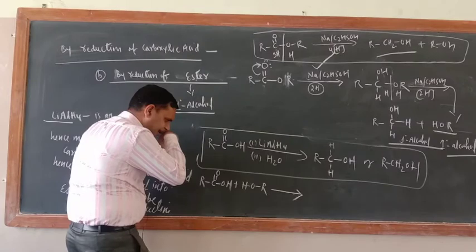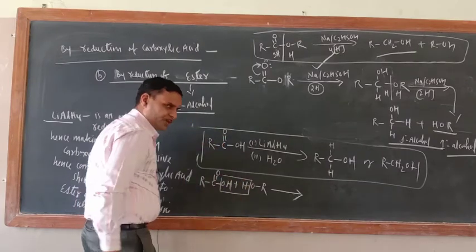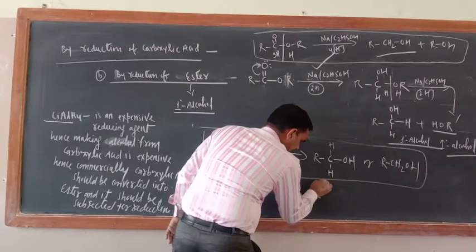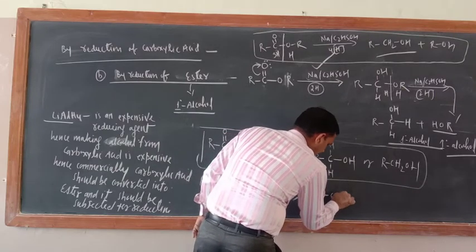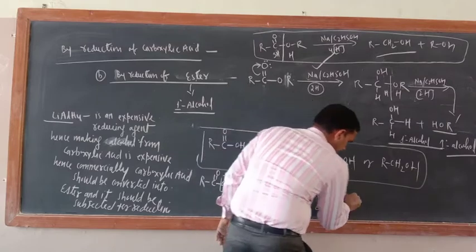So just see here, OH and H. Okay, so what is the product here? RC double bond O, and here what is there? O and R, ester.